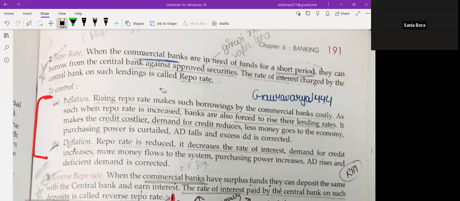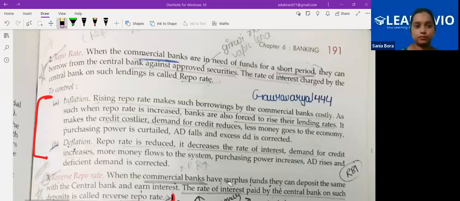Raising the repo rate makes borrowing from the central bank costly. When the repo rate is increased, banks are also forced to raise their lending rate. This makes credit costly, demand for credit is reduced, and less money goes to the economy.